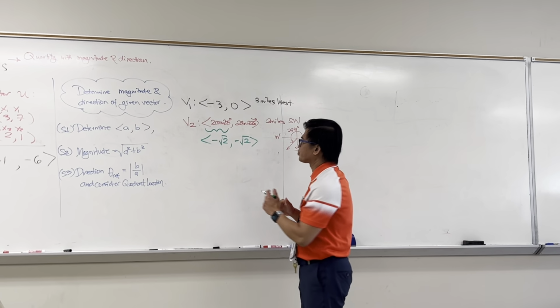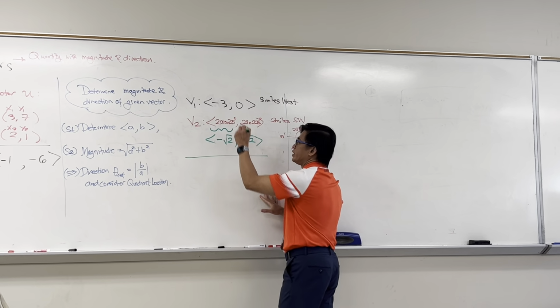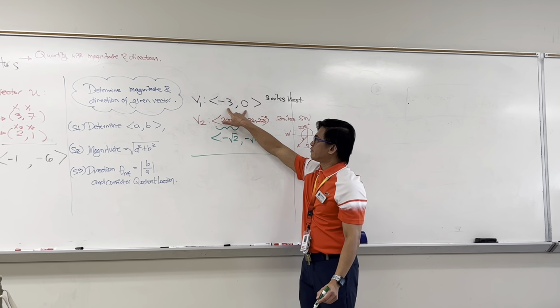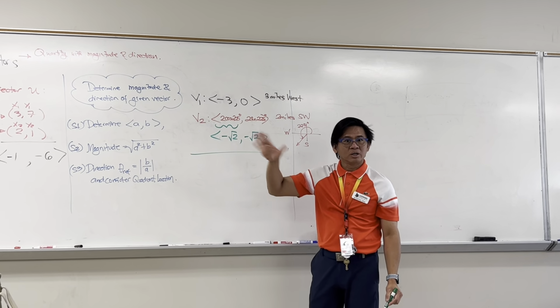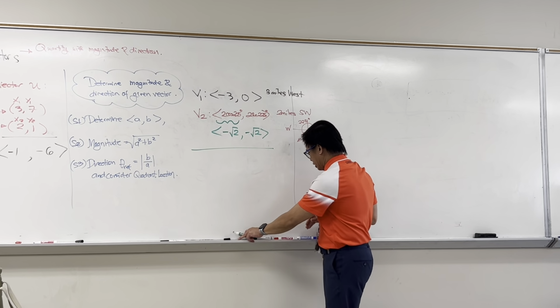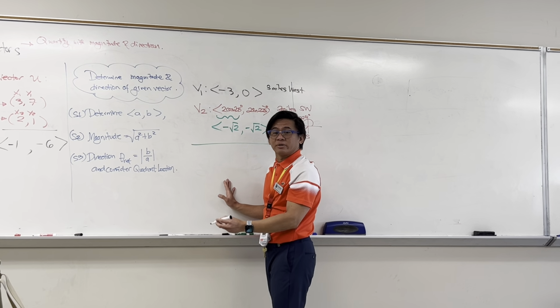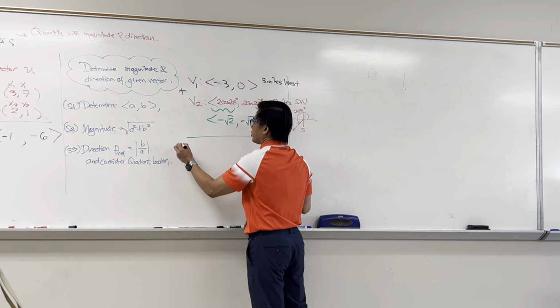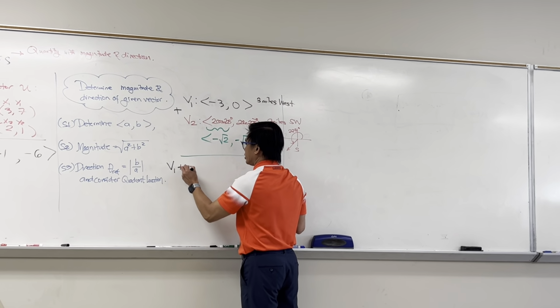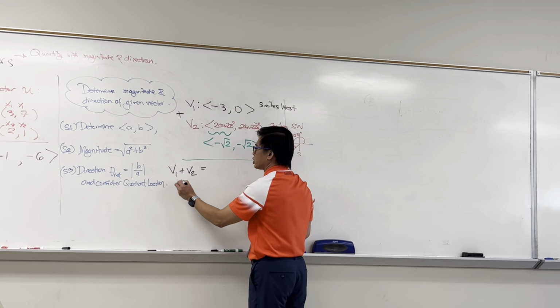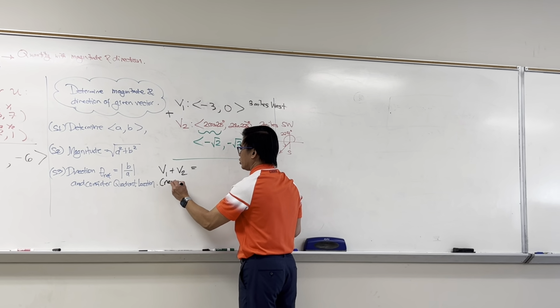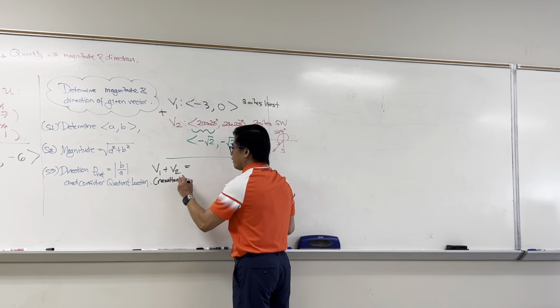Now, what do we do with these two? Well, that's the first vector and the second vector. What do you do to get the sum of these two? We're gonna add them together, right? Then the total vector, in physics, is also called the resultant vector.